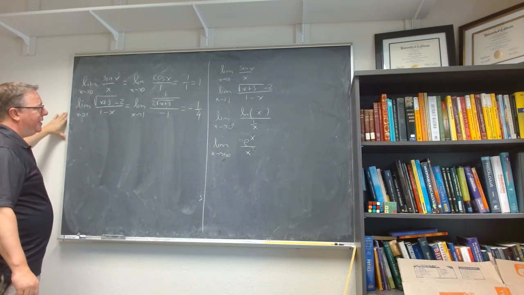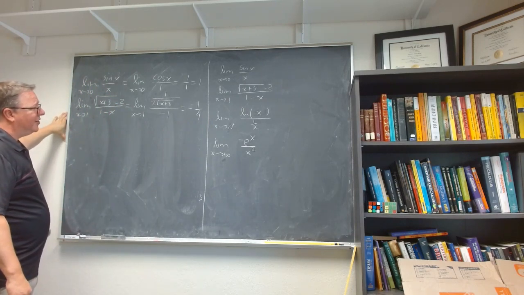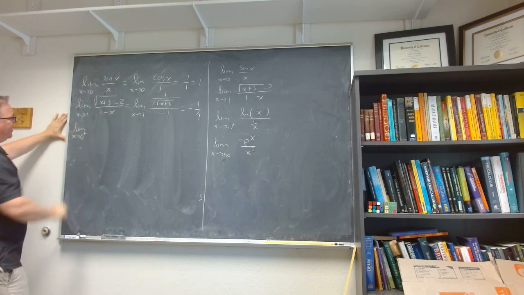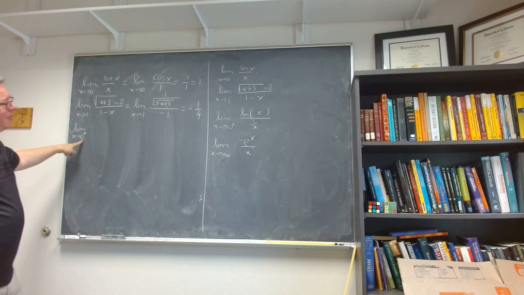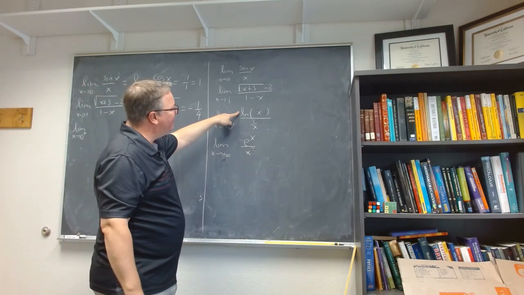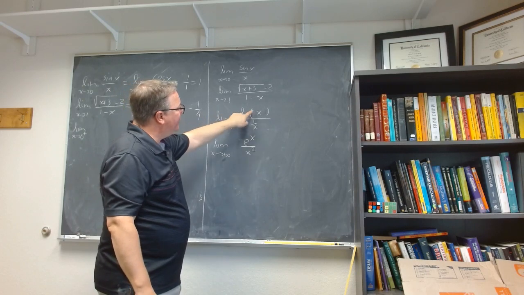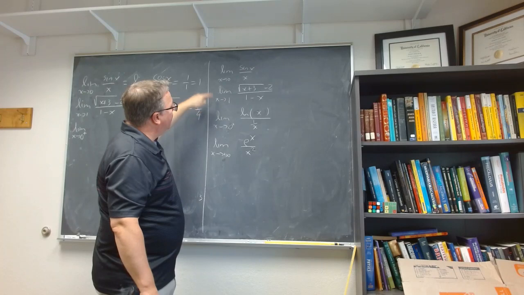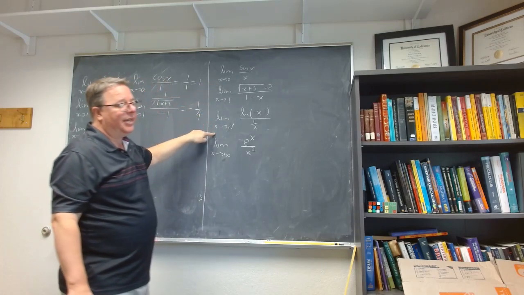This one's a little bit different because this is our first one that looks like an infinity over an infinity. So let's look at the limit as x approaches 0 from the right. And you have to approach 0 from the right because natural log is not defined for negative x's. So x being positive is necessary. All of these could be one-sided as well as two-sided.